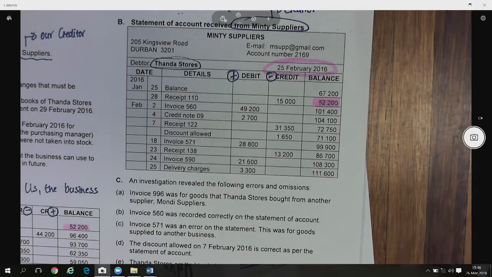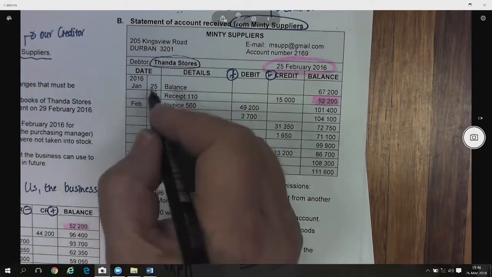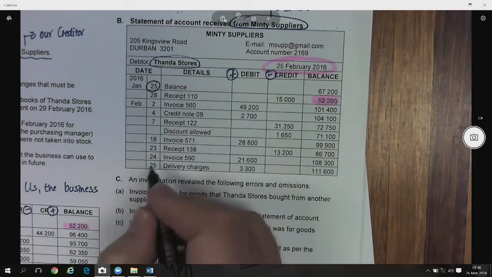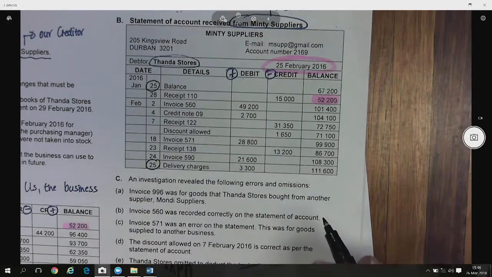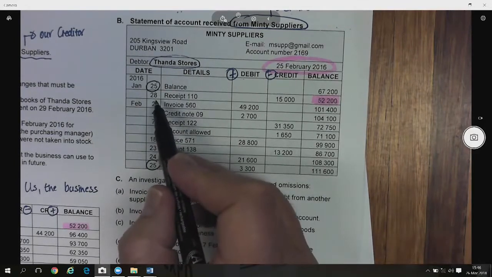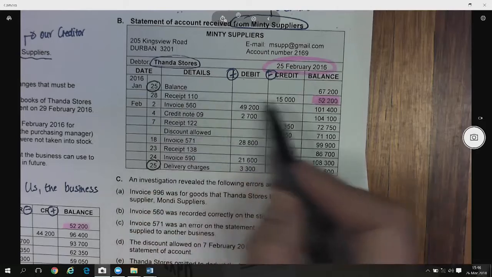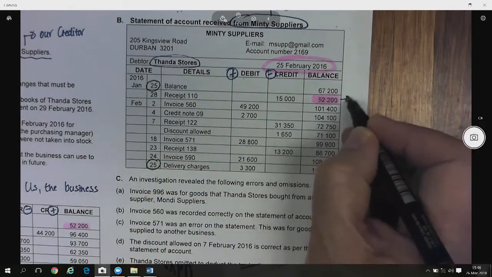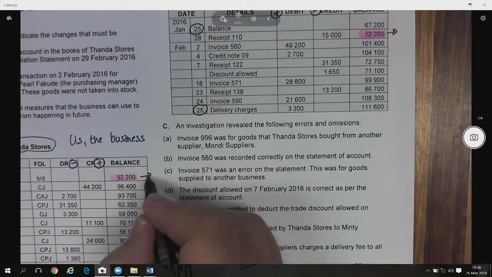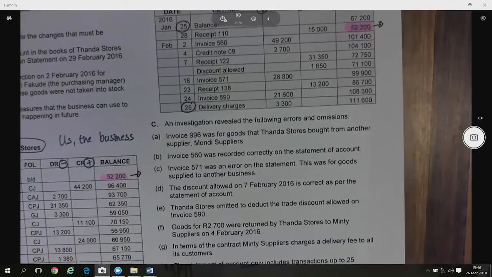So what happened after the 25th of the month is not on their statements. You can see that in January, they also close off their statement on the 25th, and they also close it off on the 25th now. So that was only what they had to put on their statement after the 25th. And you start there, where the balances are the same, 52,200.